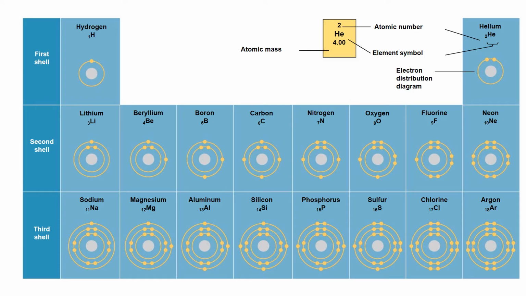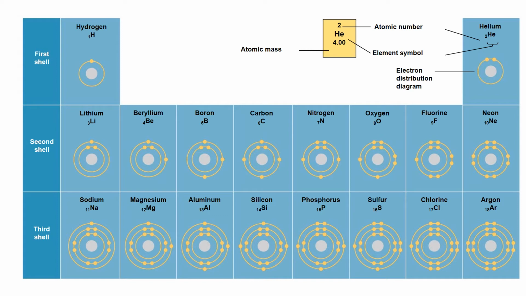Okay, so if you want to know how many electrons you can fit in each of those shells, just count how many elements are found in each shell. For example, in the first shell, you have hydrogen and helium, so that means you can have a maximum of 2 electrons.